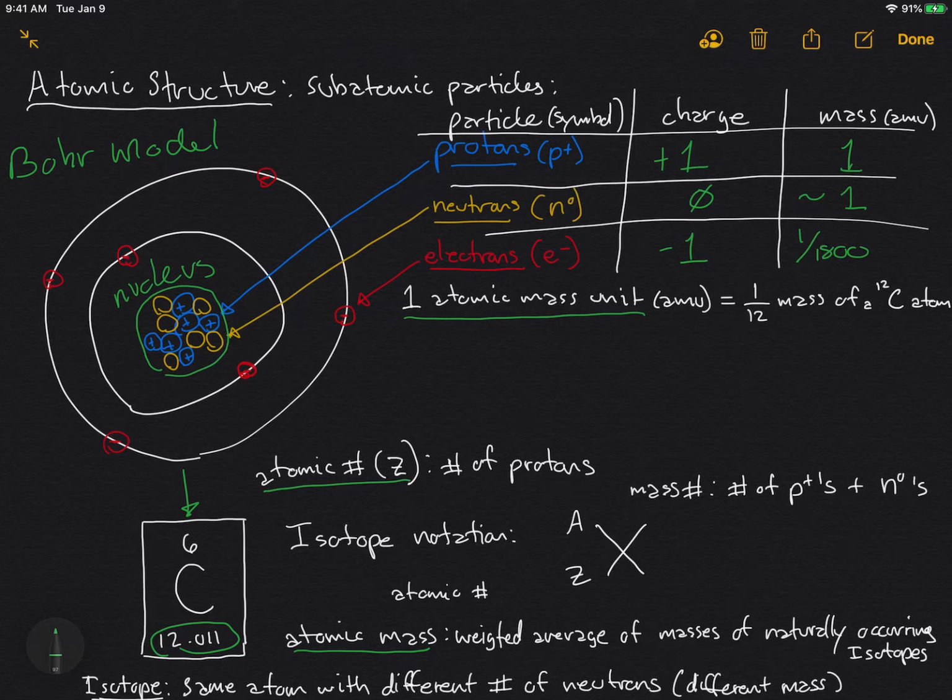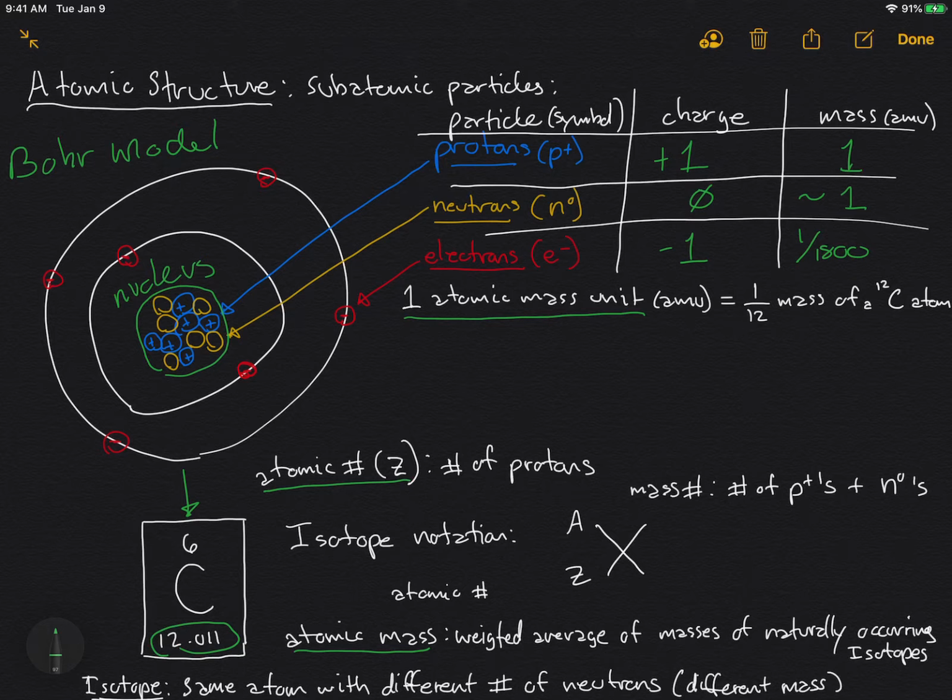And isotopes are the same atom, so it means it's got the same number of protons, but with a different number of neutrons. So they have a slightly different mass. So for example, carbon has at least 3 different naturally occurring isotopes, carbon-12, carbon-13, and carbon-14.